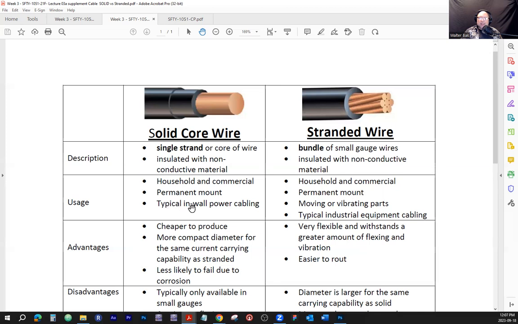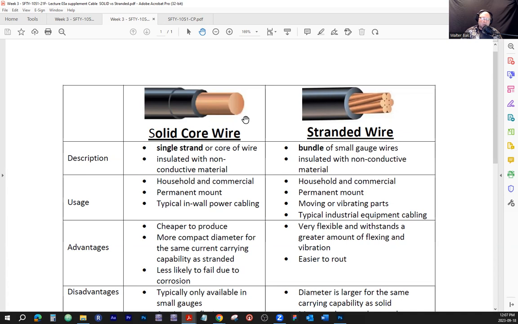Now, typical in-wall power cabling, typical household or commercial in-wall power cabling. Now, here's where the difference begins. Stranded, that's where things are changing. Moving or vibrating parts, typical industrial equipment cabling. It has to do with something like this.